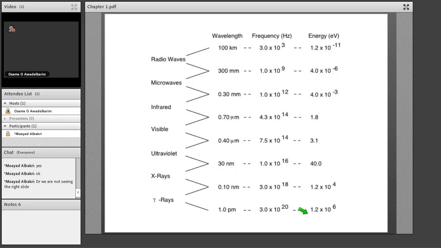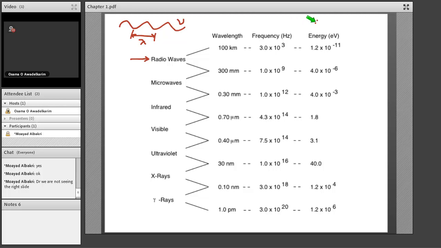What's the electromagnetic wave spectrum? We have different types of waves, starting with radio waves. Electromagnetic waves have a wavelength, lambda, and a frequency, which is the frequency of oscillation.